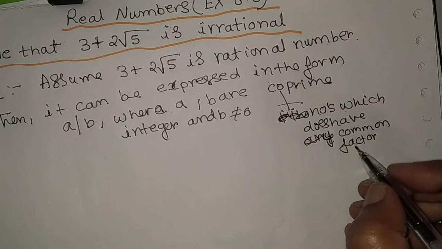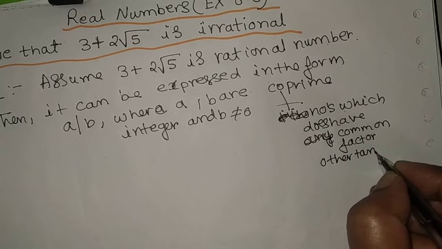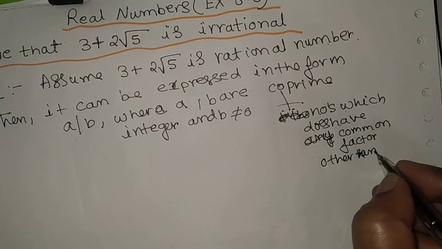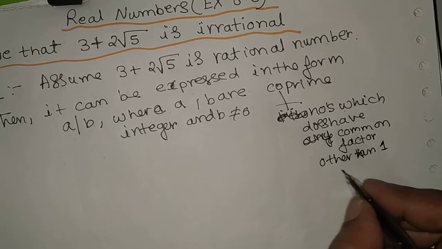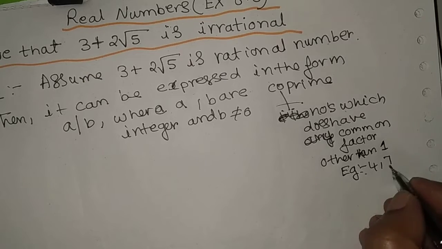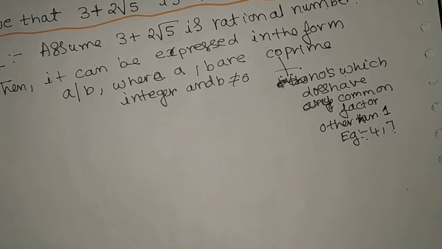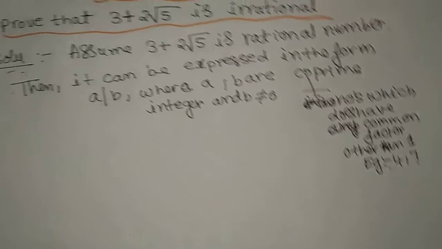For example, 4 and 7. See, 4 and 7 do not have any common factor except 1. So this is the solution. After this we come back to the problem.